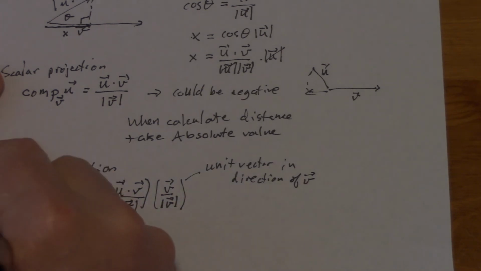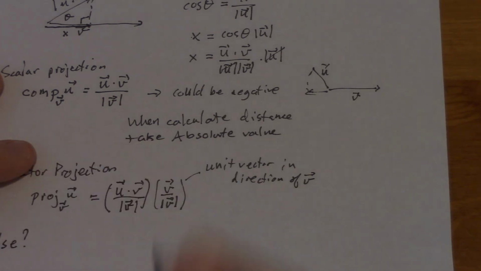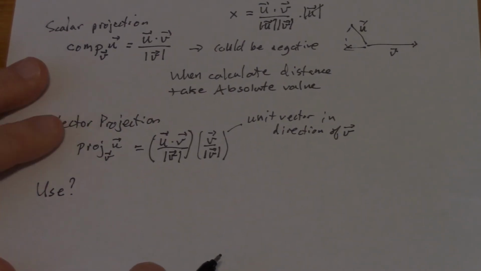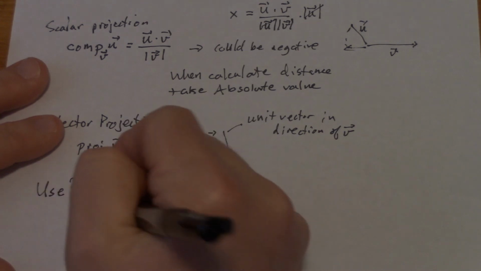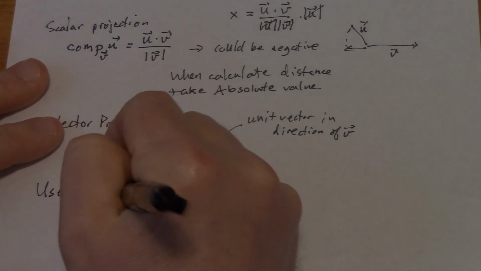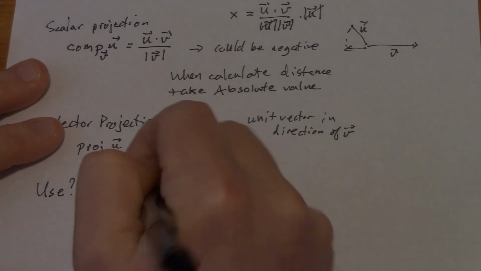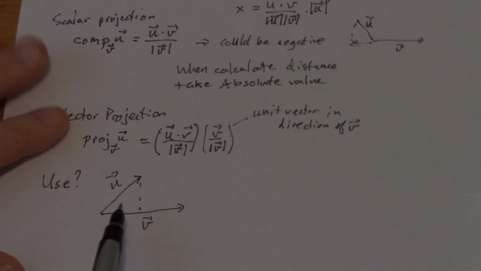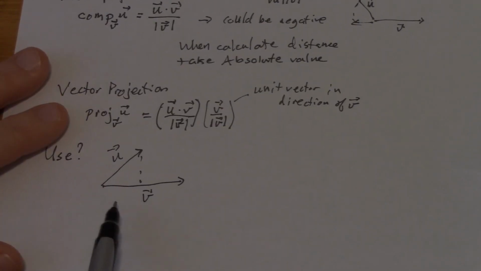Okay? And what's the use of this? Well, that's a good question. At least I can tell you what physicists usually use it for. If I have a vector u and a vector v here, I can actually represent u in terms of a vector that's parallel and a vector that's perpendicular to v.